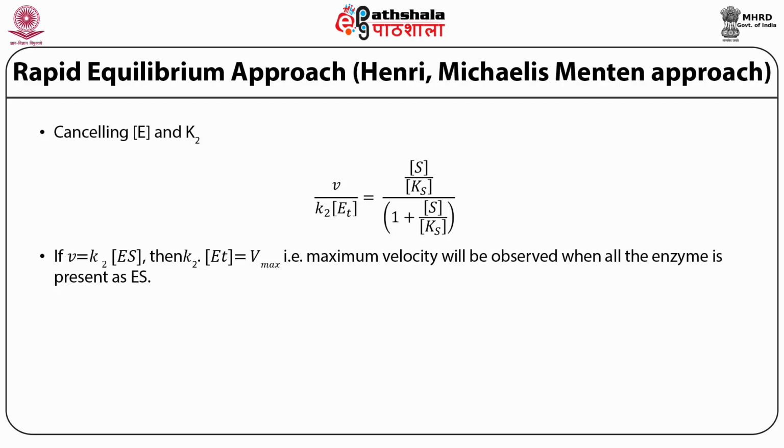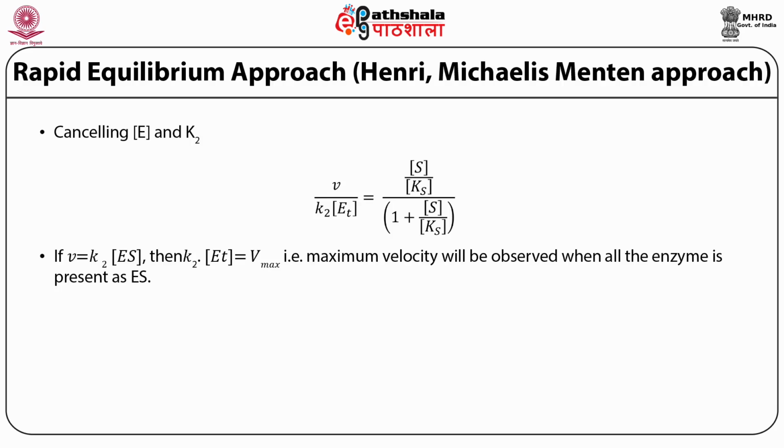Therefore, the initial velocity V0 equal to K2 into ES can be replaced with Vmax equal to K2 into Et, because here Et is equal to ES. So the maximum velocity will be observed when all the enzyme is present in ES complex form.